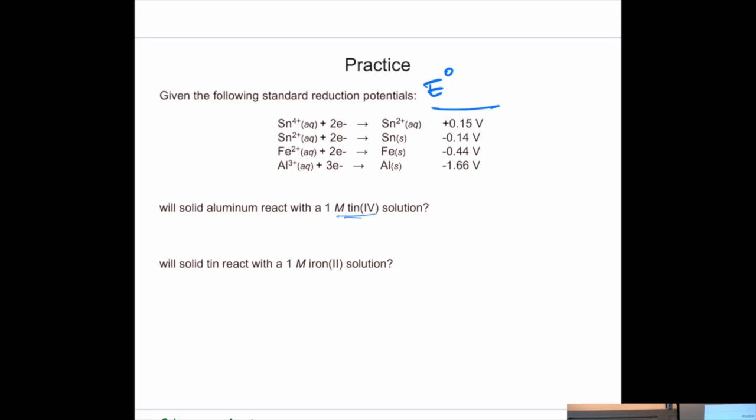Tin 4 cations. What have we asked for here? Oh, will it react? If we mix solid aluminum and tin 4, will it react? What do you think? What do you want to be thinking about here? If it reacts, what happens?